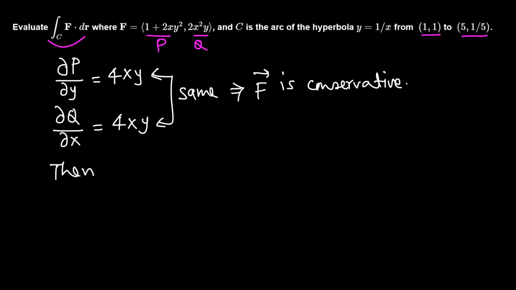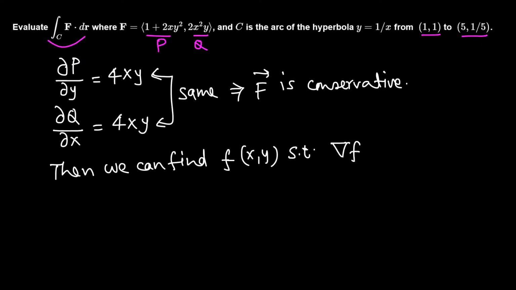That means we can find a function of two variables, because our F has two components, such that grad f is equal to this F, and this is called a potential function.